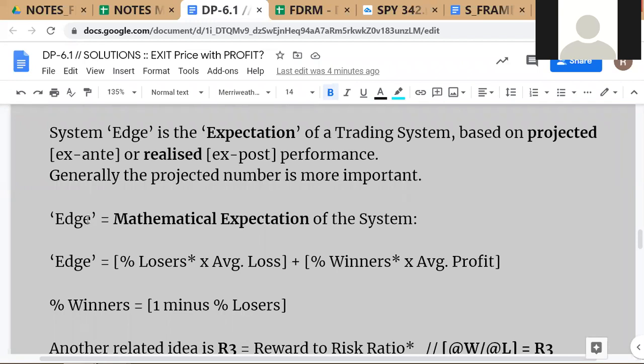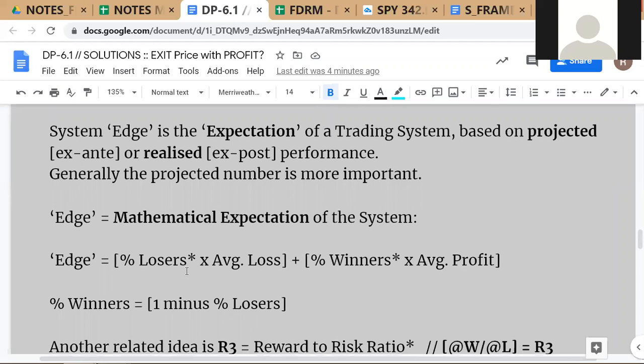People ask you, what is the edge of your system? This is what they're talking about: the mathematical expectation of the system. Why? Because mathematical expectation is a probability weighted average outcome, and what you have here is probability, average outcome, probability, average outcome. So it's the same thing.